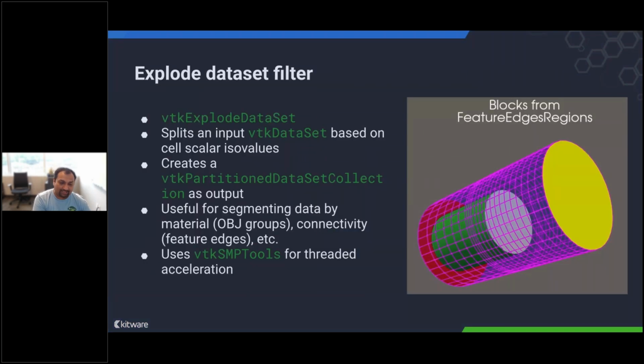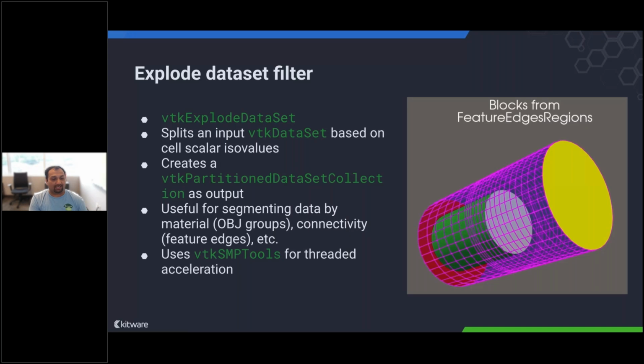The explode dataset filter is a filter that was added recently. The idea is that if you have a single data set with multiple different regions of data with similar ISO values, it can now be split up, exploded into a single partition dataset collection with many different partition datasets, each partition dataset being a group of the data.